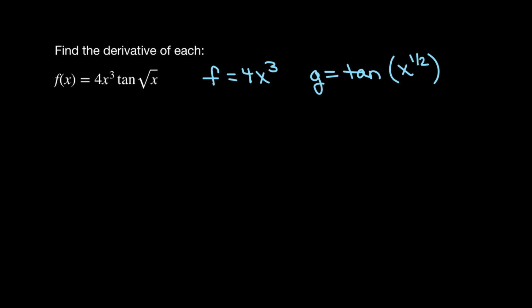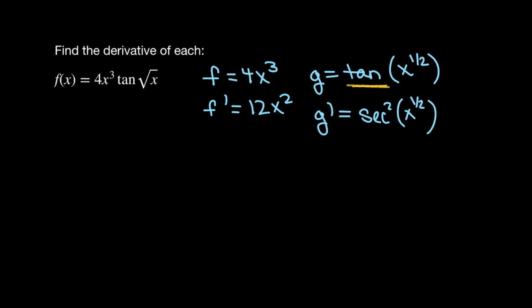First of all, though, we have a product, the 4x to the third and the tangent of x to the 1/2. I just changed that square root of x to x to the 1/2. Those are being multiplied together. So f prime, derivative of 4x to the third, is 12x squared. And for g prime, here's where I'm going to have to use the chain rule. The derivative of tangent, my outside function, is secant squared.